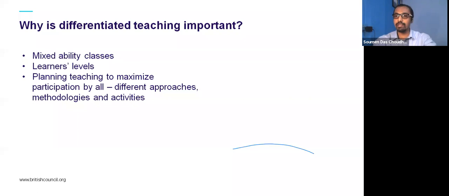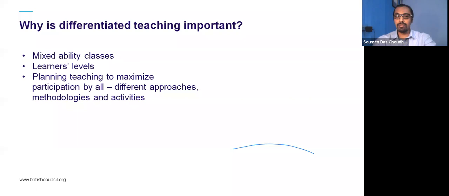In fact, many teachers fear that teaching mixed ability classes is one of the biggest challenges that they face. But in reality, all classes are mixed ability, for the simple fact that, as some of you said, no two learners are the same, right? So there is a strong need to accept and hence plan for the variety in your classroom.